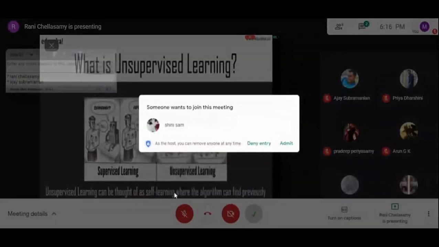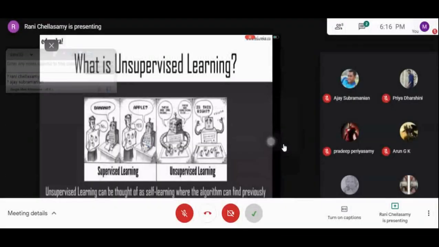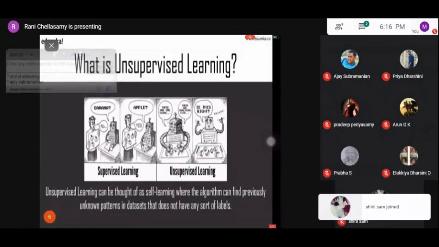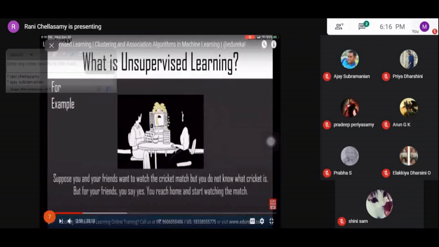Okay. This is what the unsupervised learning algorithm is. For example, suppose you and your friends want to watch the cricket match, but you do not know how the cricket game is carried out. But for your friends, you say yes.